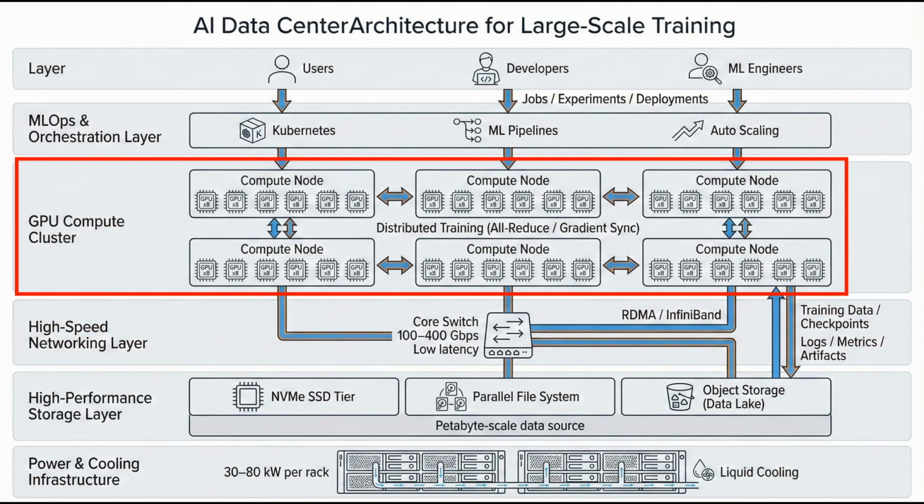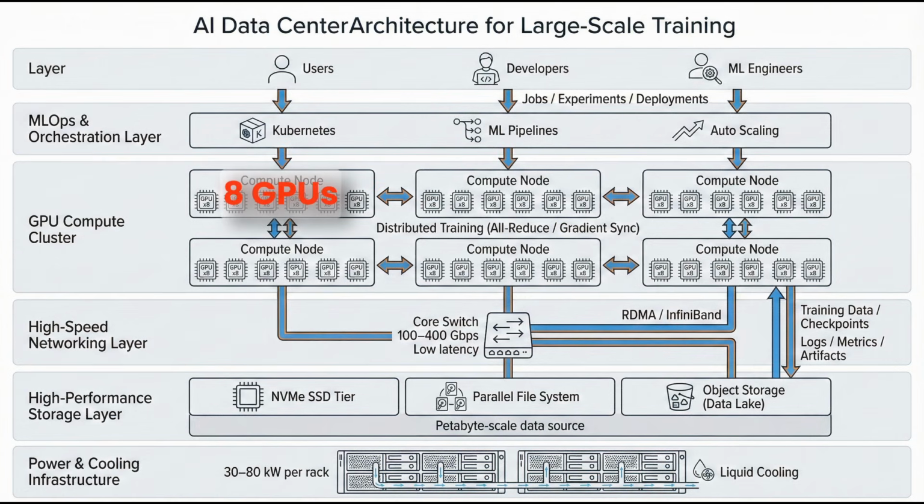This is the important, or I would say most important, part. At this place we have multiple compute nodes, and each node contains multiple GPUs. For example, one node might have 8 GPUs, and multiple nodes are connected together. Now comes the key concept: distributed training. When models have billions of parameters, one GPU is not enough.